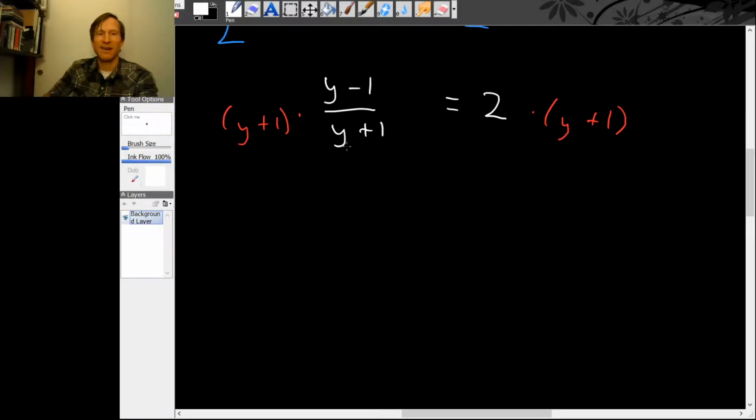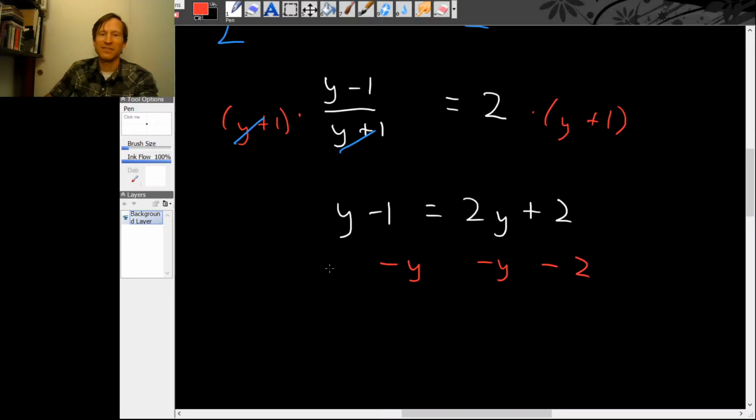So on the left-hand side, the denominator simplifies away, and we get y minus 1. On the right-hand side, we can distribute that 2. We get 2y plus 2, and then move the y's to the right, and the constants to the left. So on the left-hand side, we get negative 1 minus 2. That's minus 3. On the right-hand side, 2y minus y, that's y. So y is negative 3.